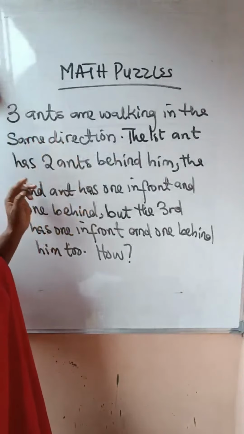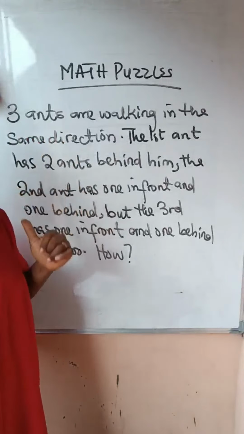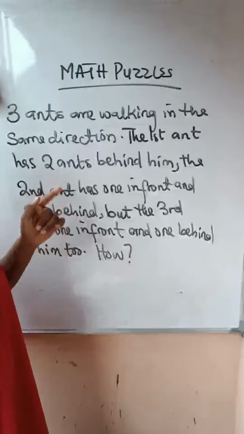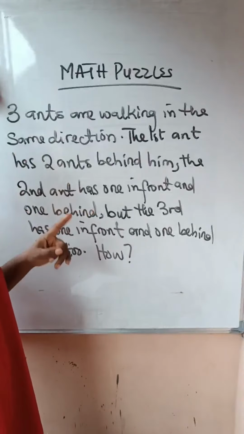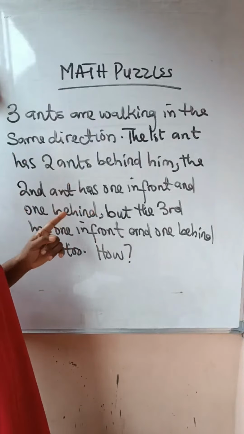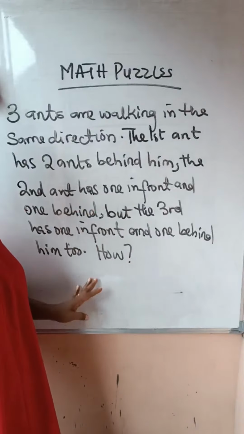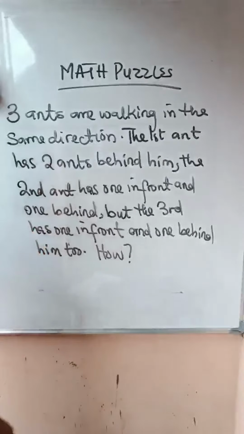The first ant has two ants behind him. The second ant has one in front and one behind, but the third has one in front and one behind too. How? That's the question.